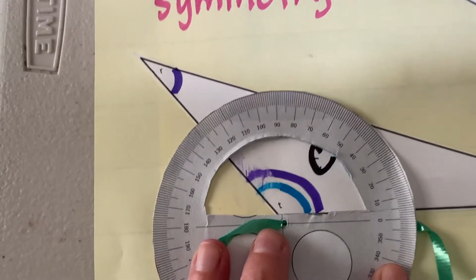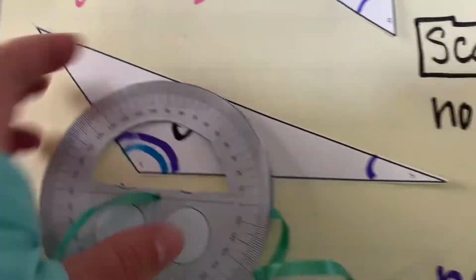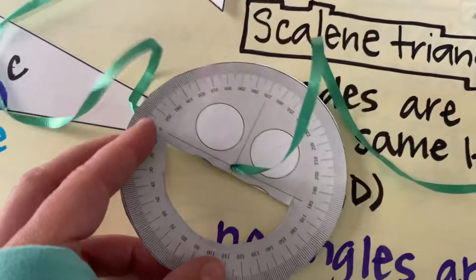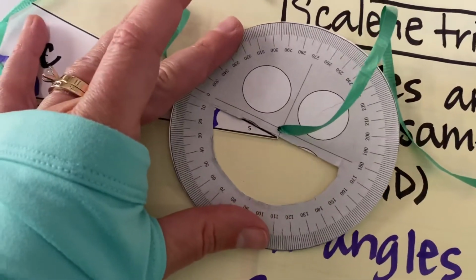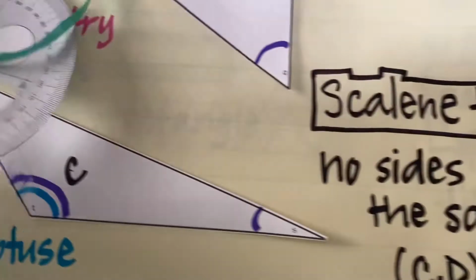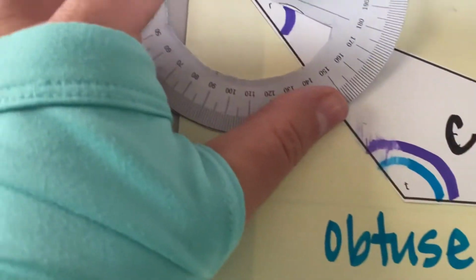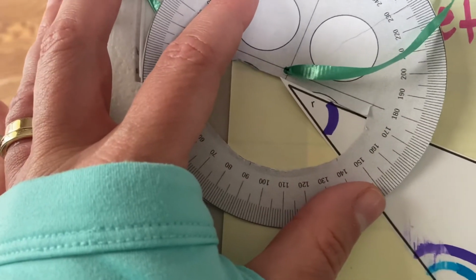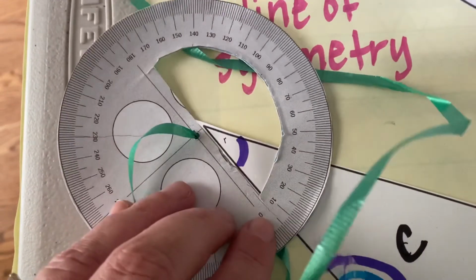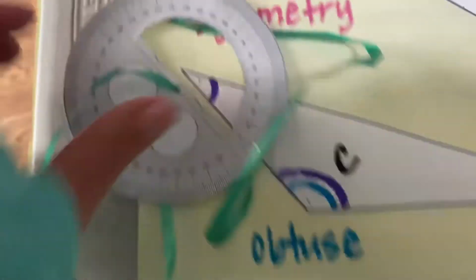This obtuse angle is 130 degrees. This angle right here, if I line up my protractor, it is only 20 degrees. I'm going to line up my protractor again on this side, and whoops, got it upside down. This side is 40 degrees.